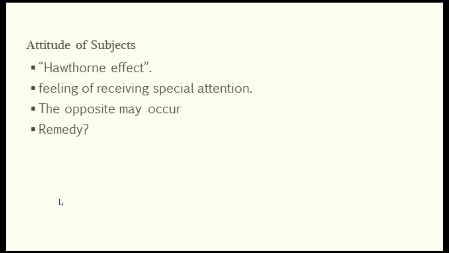The opposite could actually occur too, with sometimes if the subjects in the study are not receiving any treatment or any attention at all, this can influence them having poor performance. One of the ways that you can remedy this in your study is to provide both groups with comparable treatments, or to try to make your treatment a regular part of the study.